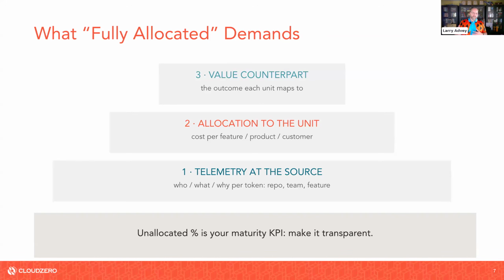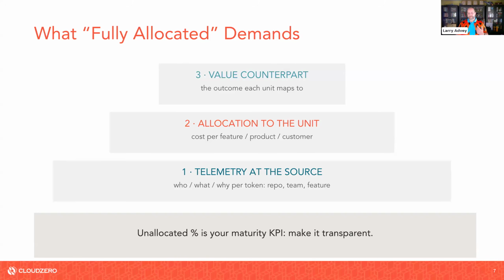If you've got a team of engineers working on 10 to 15 different repos, if you can't align those costs of AI, Anthropic, OpenAI, et cetera, by repo, that's unallocated. It's 100% unallocated. You don't know, right? But you need to make that transparent. You need to talk about it. This is a problem. And if we had this solved, this is what we're able to do with it.